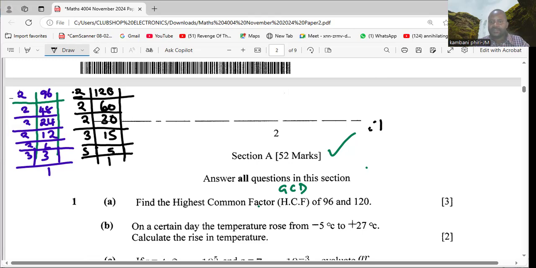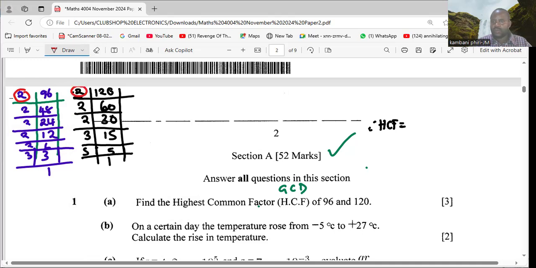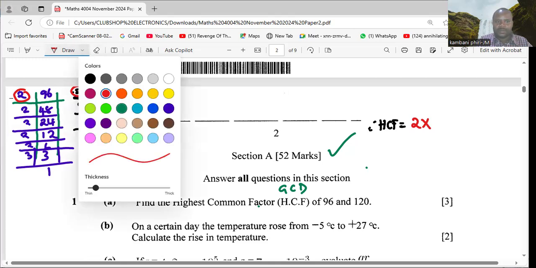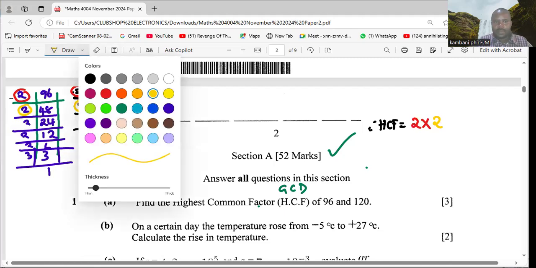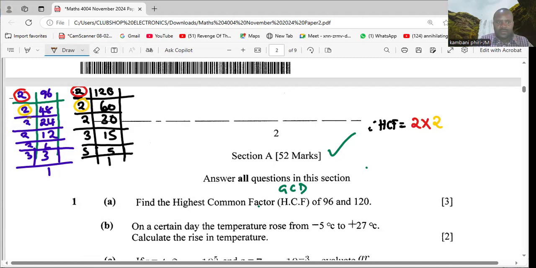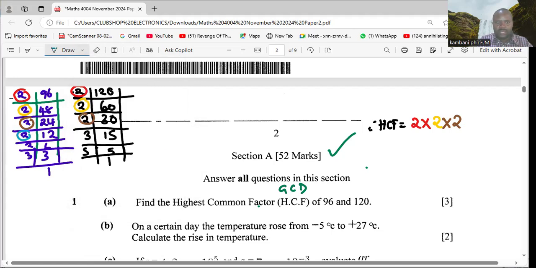Therefore, our HCF is equal to, we pick what is common. There's this 2 and that 2, so we pick. Then this 2 and this 1, so we pick. Then there's this 2 here and this 1, we pick that. And we don't have 2 on the other side, so we cannot pick this one.